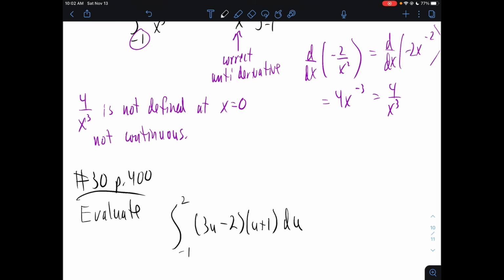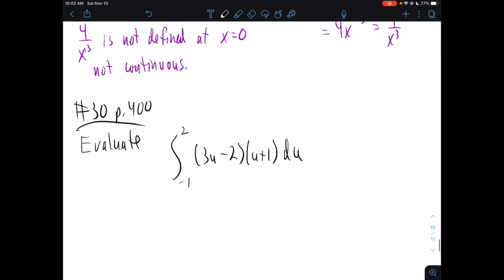So you do have to remember things that you have learned. In my whole conversation in section 5.1 through 5.3, at no point have you seen anything called the product rule of integration. It doesn't exist. So don't start thinking that you can use a product of integrals to evaluate this. That's not correct. So what can you do?